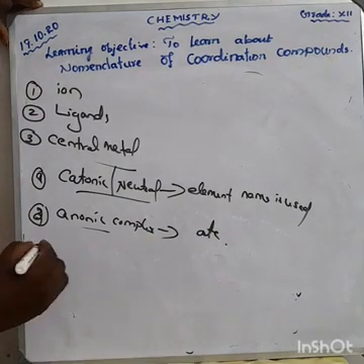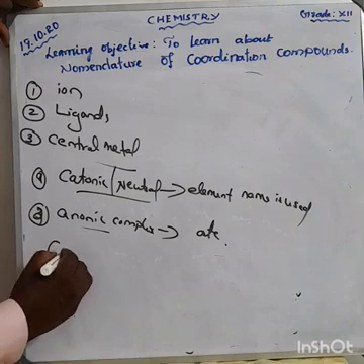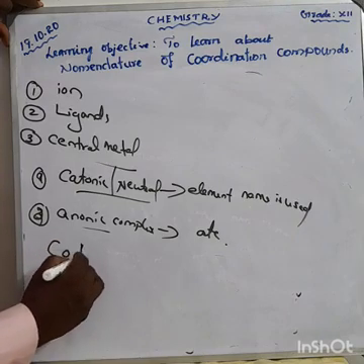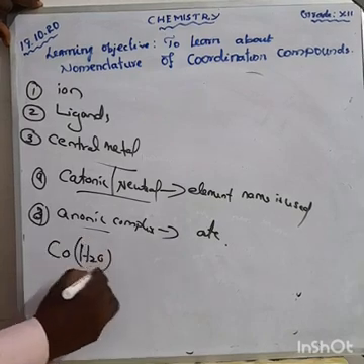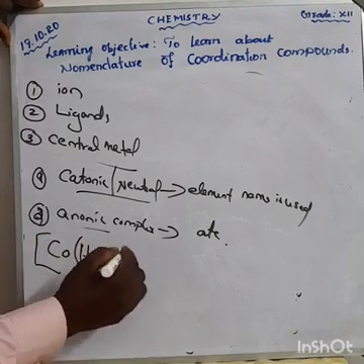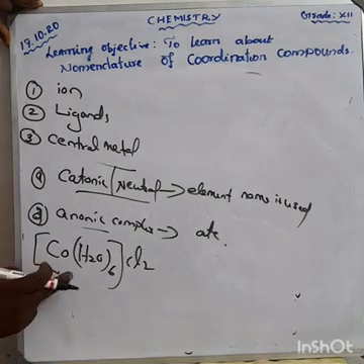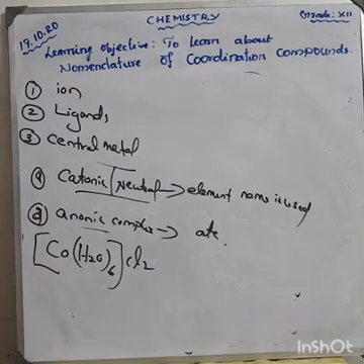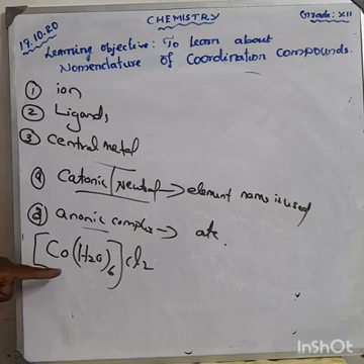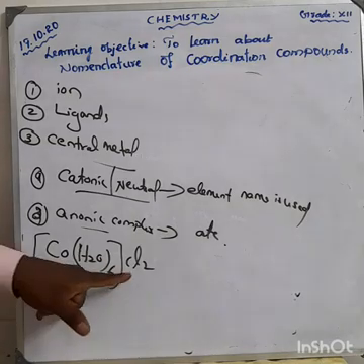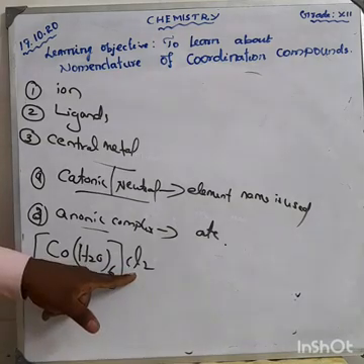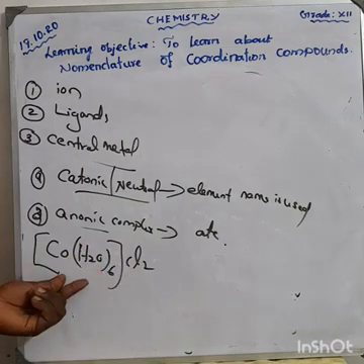For example, Co(H2O)6 Cl2. Can you say which complex this is? This is the cationic complex, with chloride as the simple anion.